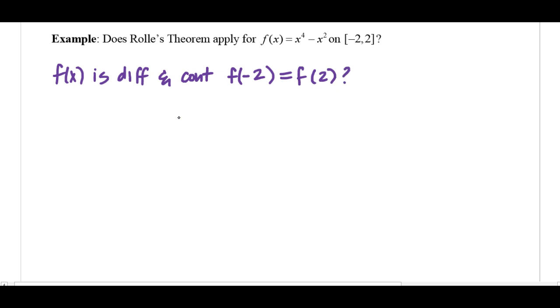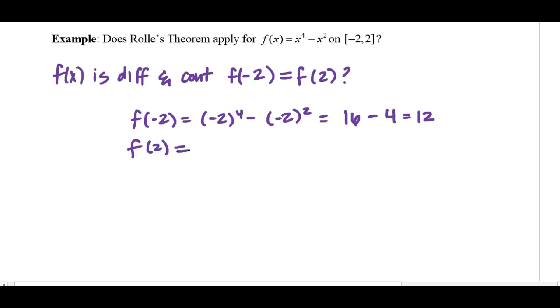That's what I'm checking. So if I were to substitute in -2, I'll get -2 to the fourth minus -2 squared. So -2 to the fourth is 16 minus 4, so I get out 12. And is that the same as substituting in 2? Well, since I'm raising them to even exponents, I am going to get 16 minus 4, so I will get 12 again.